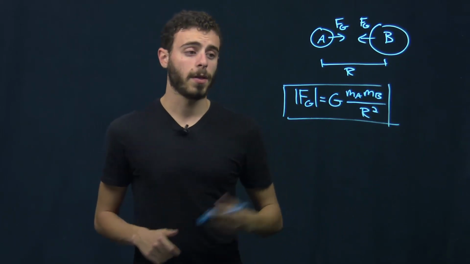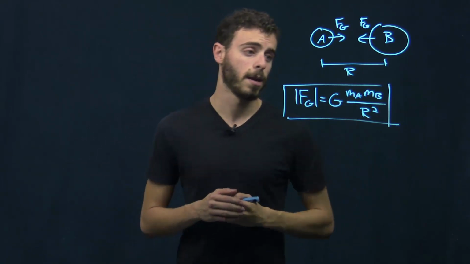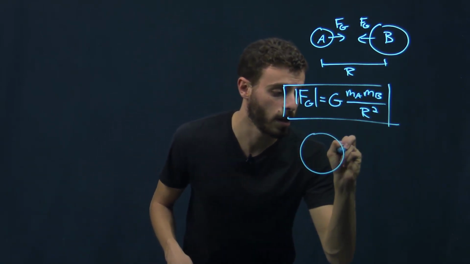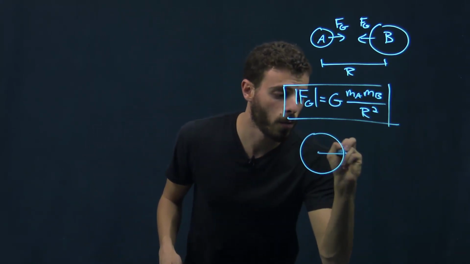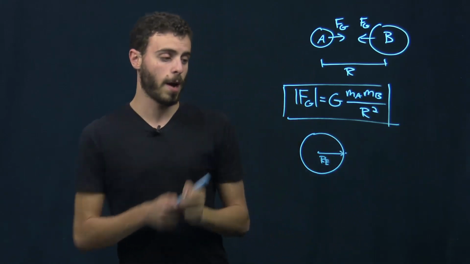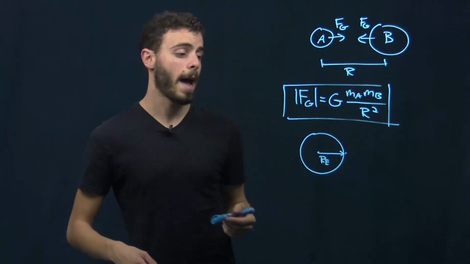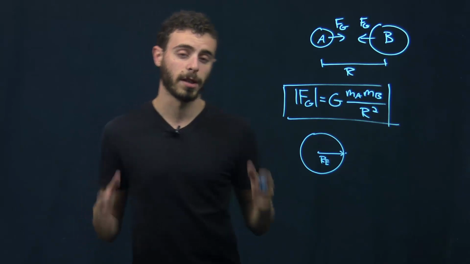When we dealt with the force of gravity on objects near the Earth's surface, it looked a little bit different than this. The reason is there, we were assuming that the Earth is so big that these objects are very, very small in comparison. Therefore, the radius of the Earth is so much bigger than any variations around the surface of the Earth that this distance separation squared is essentially constant.